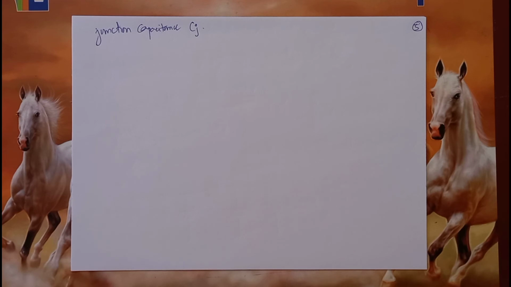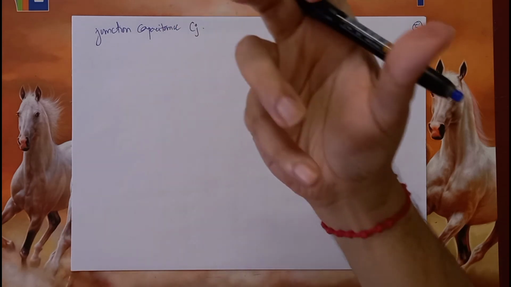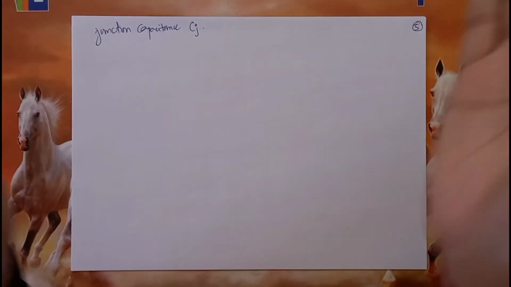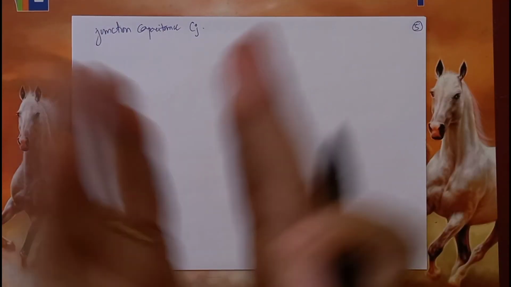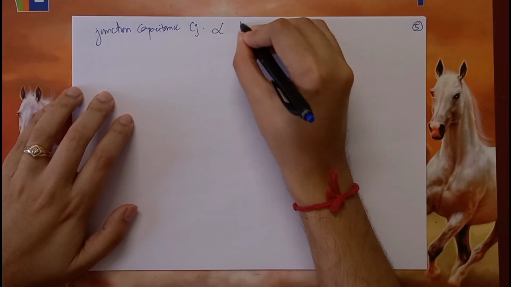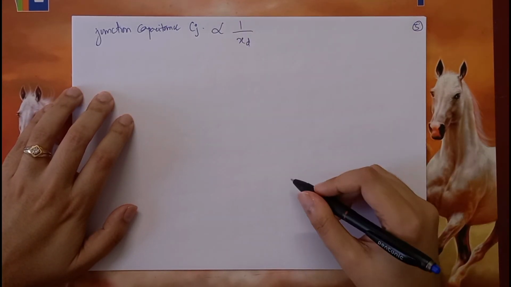Now what we saw was that this junction capacitance Cj depends on a number of factors. One of them was the width of the depletion region, XD, and the fact that XD changes when the reverse bias voltage is changed. So we saw that this Cj is essentially proportional to 1 by XD.